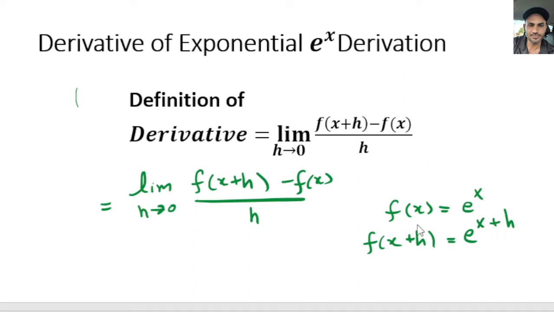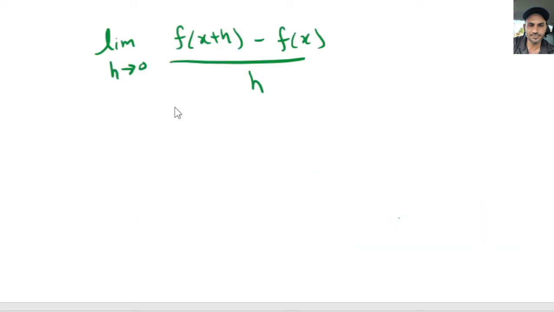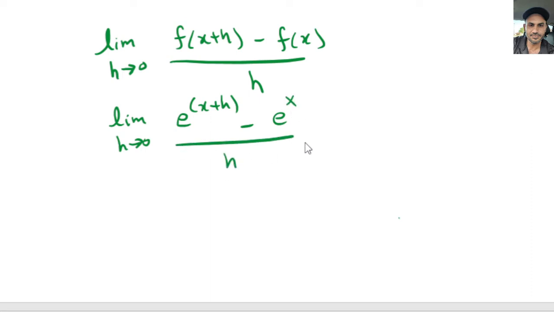So I'm going to go ahead and make a substitution for this into this definition of derivative. So let's go. So we get limit as h goes to 0. We know f of x plus h is e to the x plus h minus f of x is just e to the x over h.